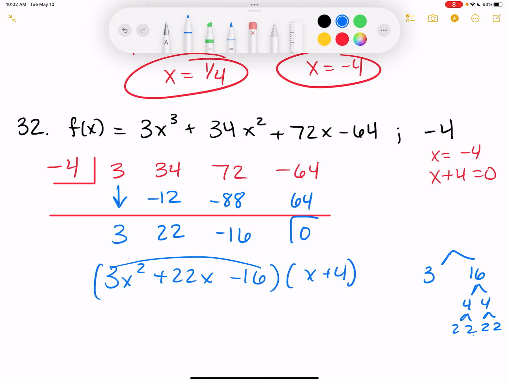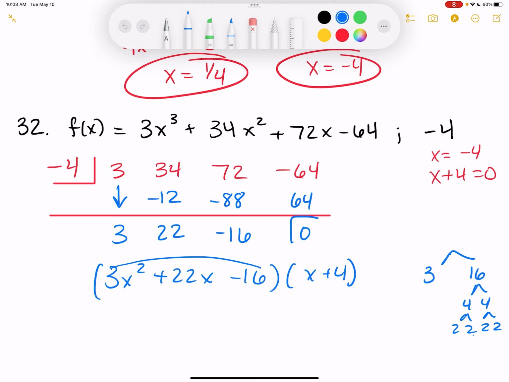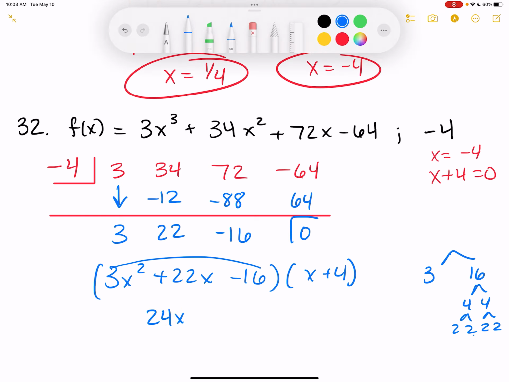That doesn't work, okay? 3 times 2 times 2, so that's 6 and 12. 12 and 4. Not working. Let's try another one. 3 times 2 is 6, times 2 is 12, times 2 is 24, and 2. We found it. Positive 24, negative 2.